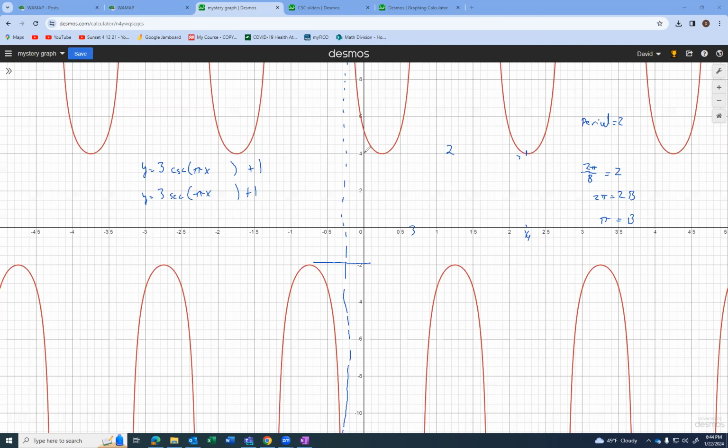And so if I were to shift this graph over, it's like a cosecant function that's been shifted left by a little bit here.